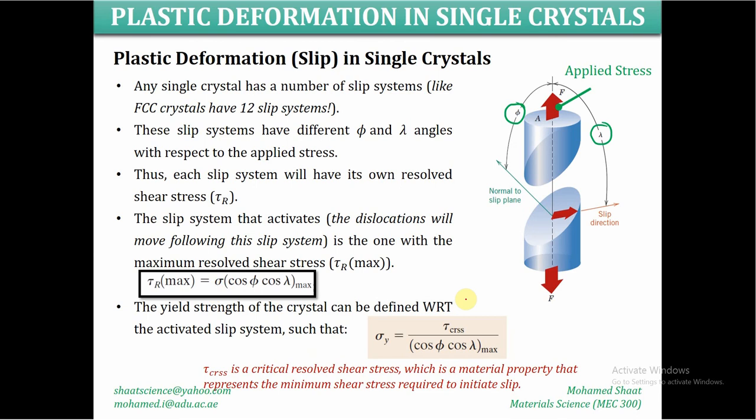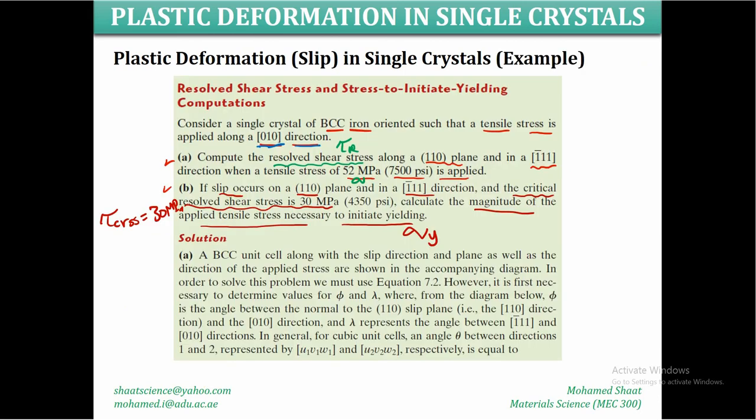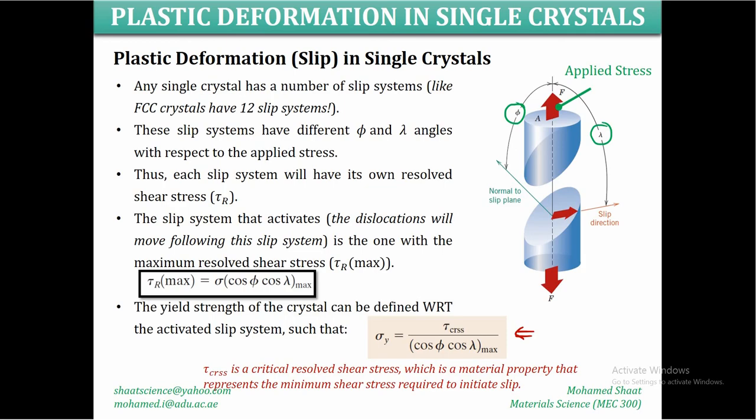To calculate the yield strength of the material, we have to use this expression of the critical shear stress divided by the resolved shear stress, which should be maximum. But here we didn't calculate except only one resolved shear stress. As we mentioned here, to identify this maximum resolved shear stress, you have to do the calculation for the 12 slip systems.